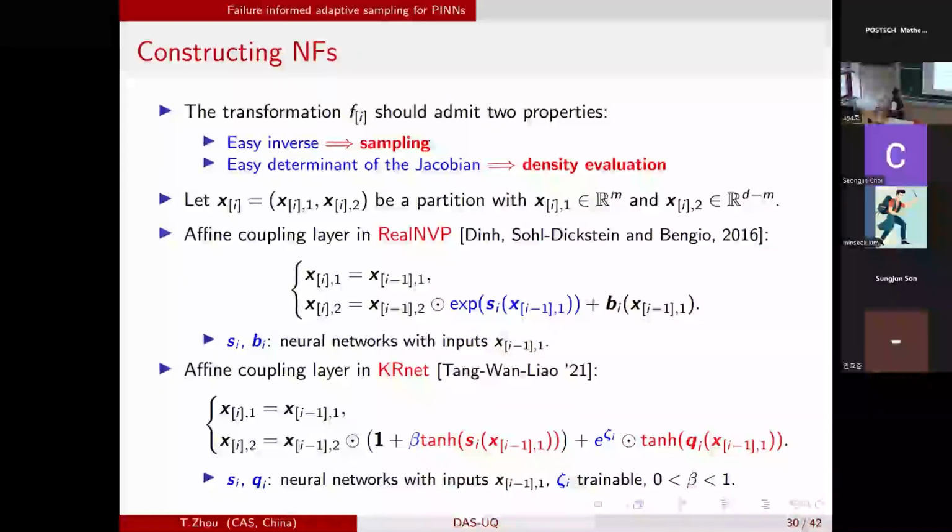So most of the normalizing flows, like KRNet or Real NVP, are generative models. They are specially designed neural networks to satisfy these two properties. So you can use this kind of model to approximate the solution of the Fokker-Planck equation.